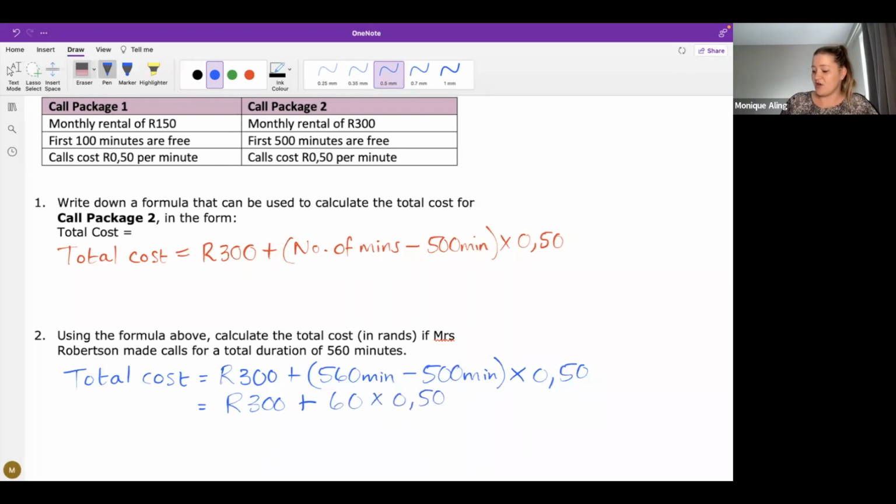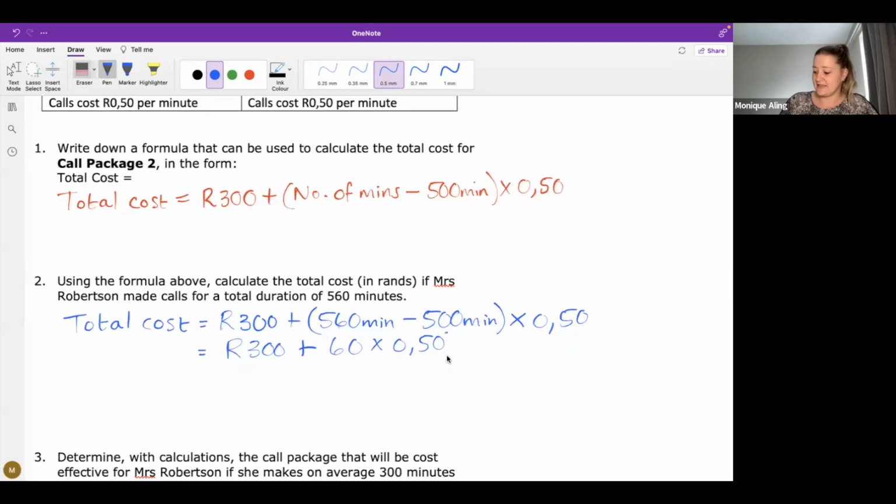So she's going to be charged 50 cents per minute, and that gives us 300 Rand plus the 30 Rand tariff charged on her calls made. And that means the total is going to be 330 Rand. Nice, Bolelo. Great working out there.